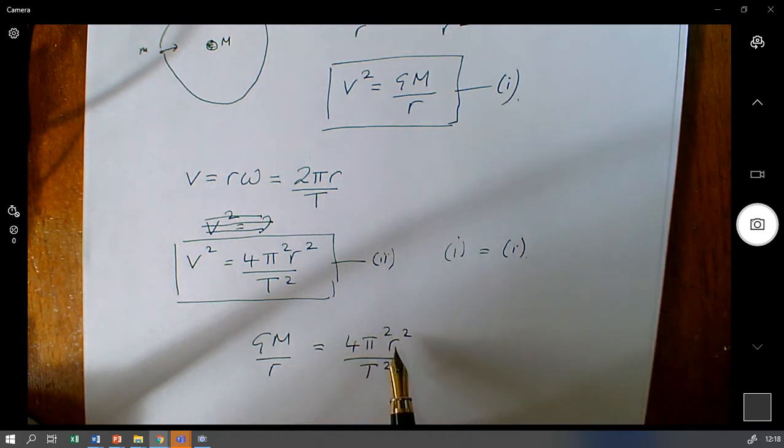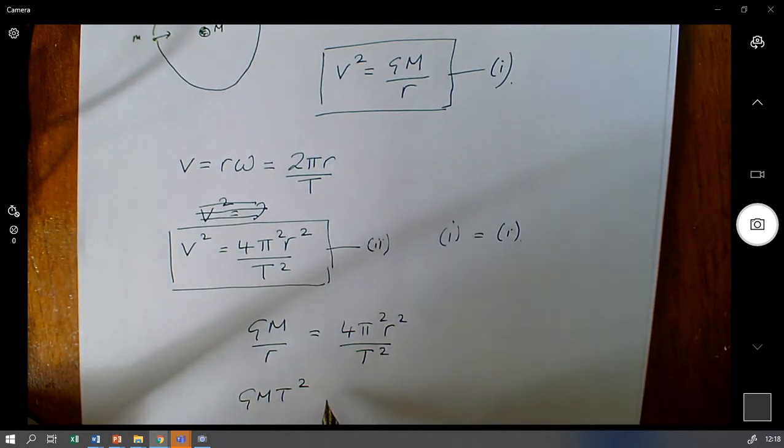Let's collect all the terms of r on one side and bring the T over here. So we have GM T squared is going to be equal to 4 pi squared r cubed.